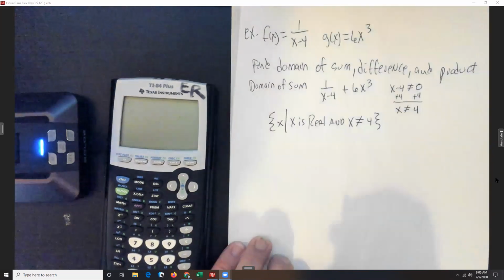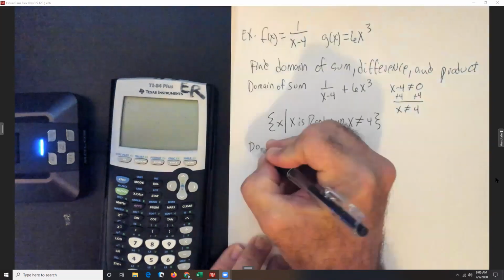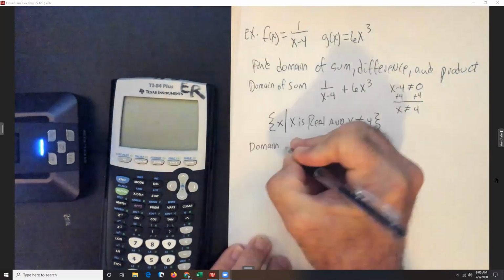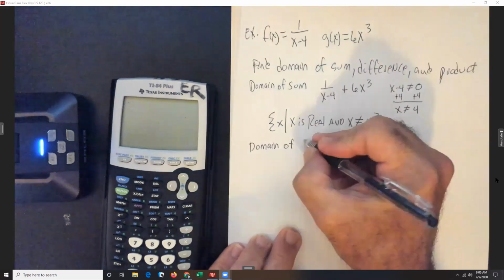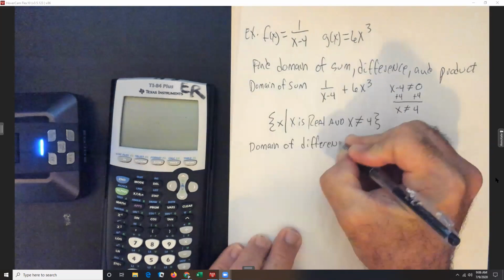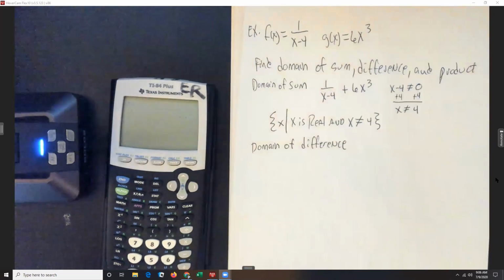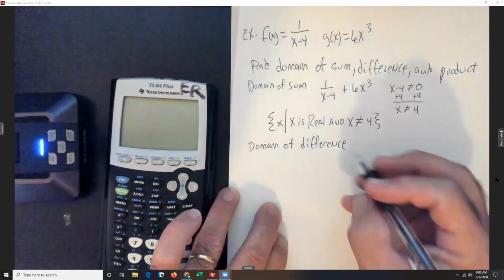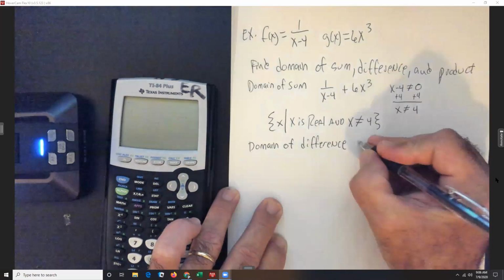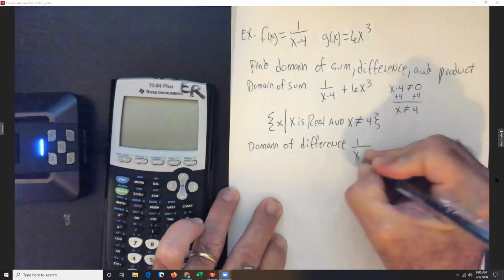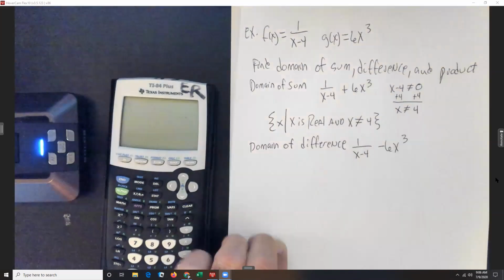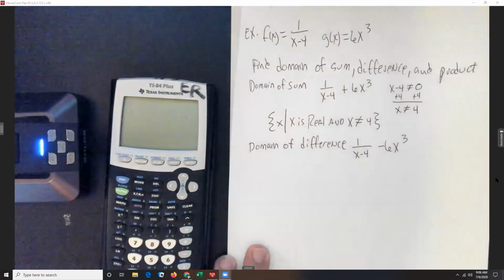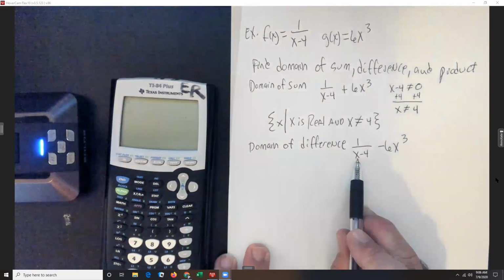Then we go into the domain of the difference. The difference will be the f of x, which is 1 over x minus 4, minus the g of x, which is 6x to the third. Guess what? Once again, I have a fraction here.